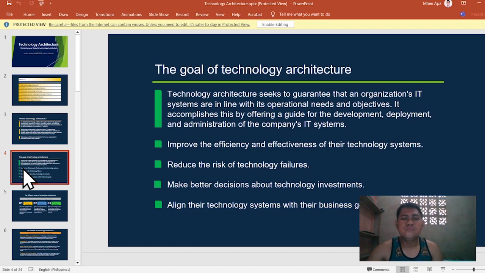It also improves the efficiency of their technology systems, reduces the risk of technology failure, makes for better decisions about technology investment, and aligns their technology systems with their business goals.